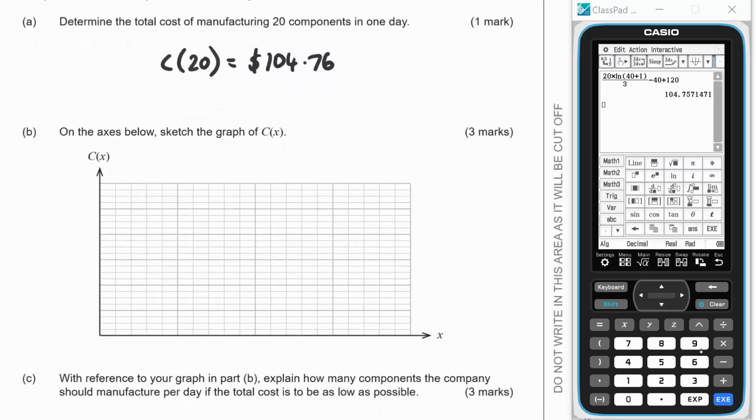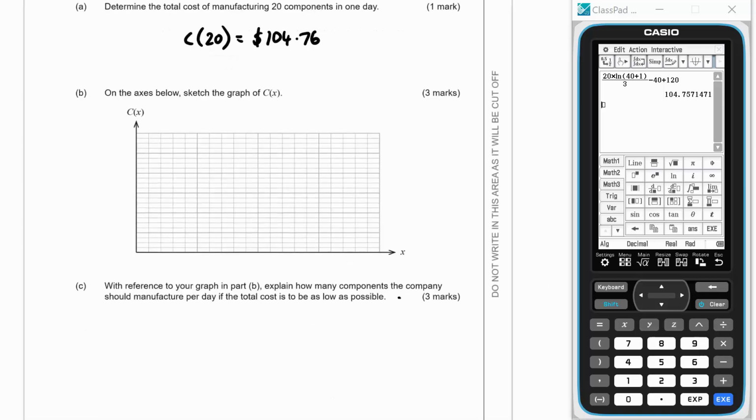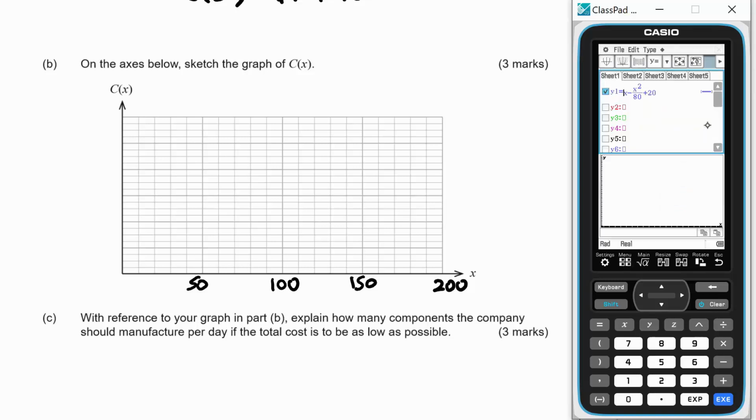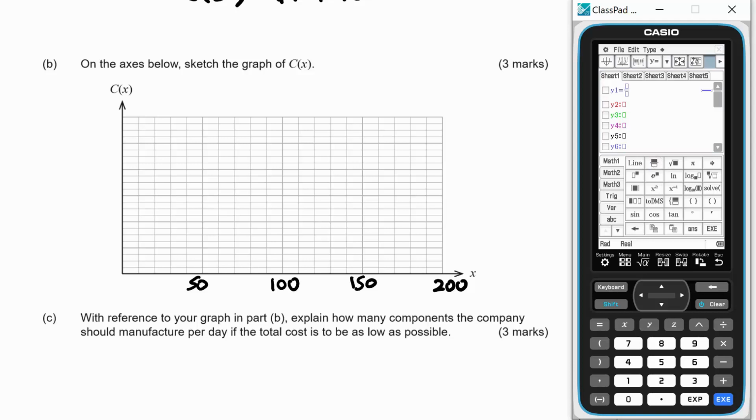On the axes below, sketch the graph of C of X. Well, we know that we can do a maximum of 200 components. So if we do that, and then we want to graph this, let's go to graph and table, and let's program in this particular function.